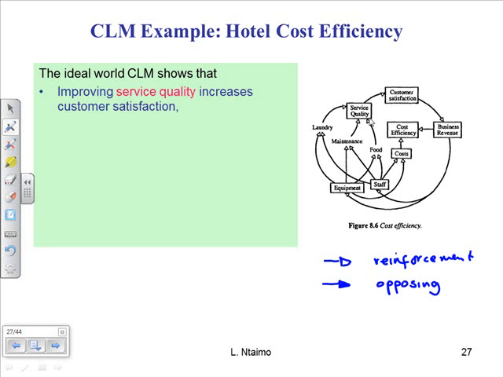Basically, if we look at this, and most of you had this correct, the only difference was right here between business revenue and cost efficiency. So the notion we can actually capture from this is that improving this service quality can increase customer satisfaction.